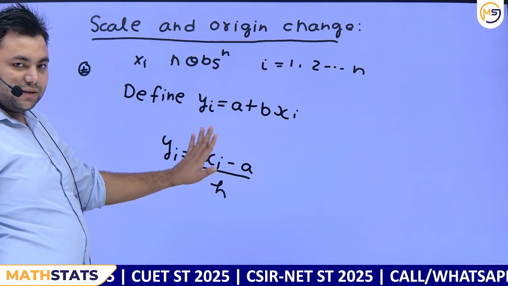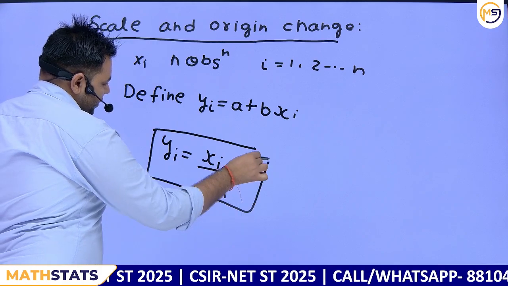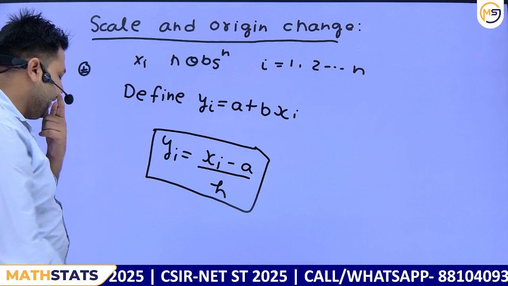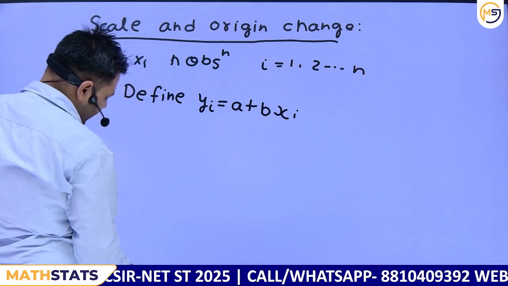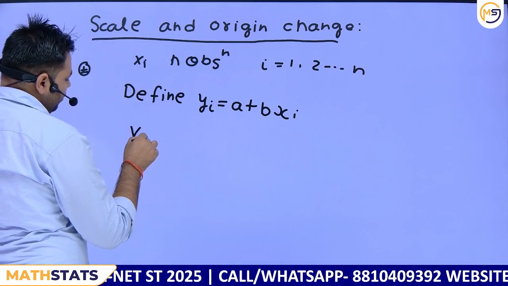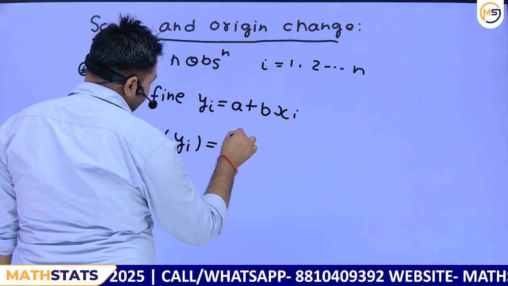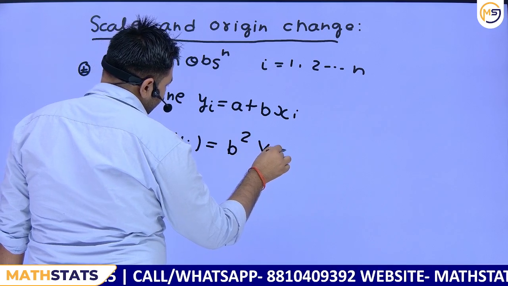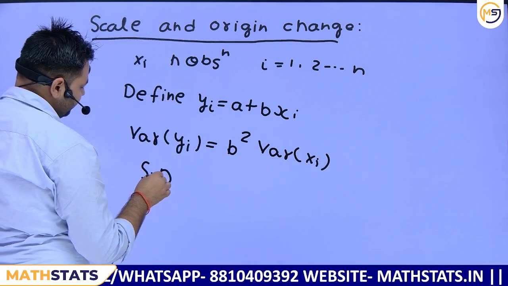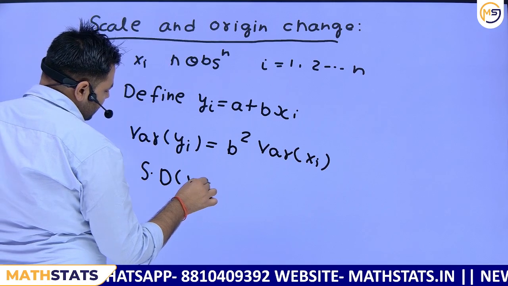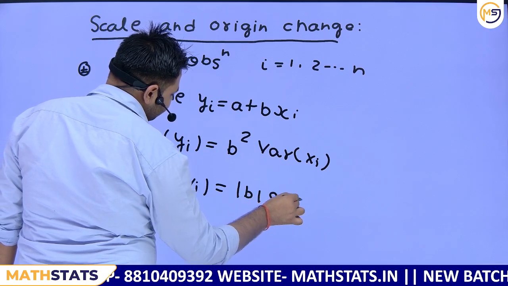These are simple, right? Whichever you write, the effect will be the same. So here you see variance of yi equals b square variance of xi, and standard deviation of yi is equal to mod of b times standard deviation of xi.